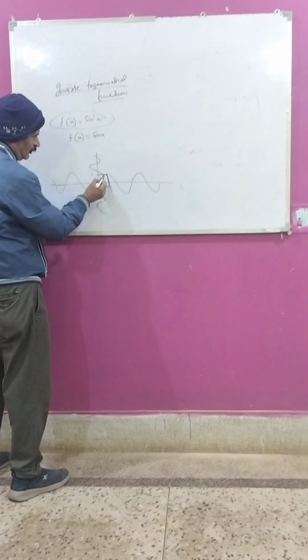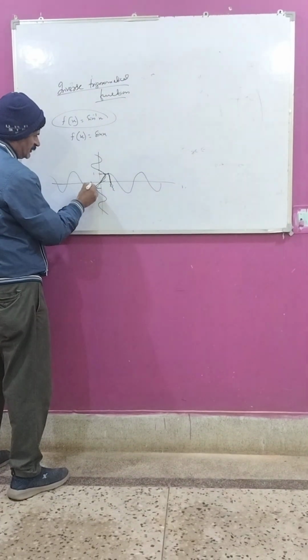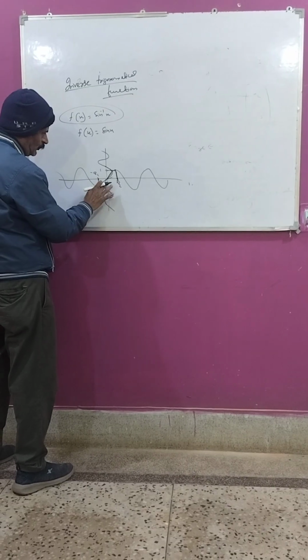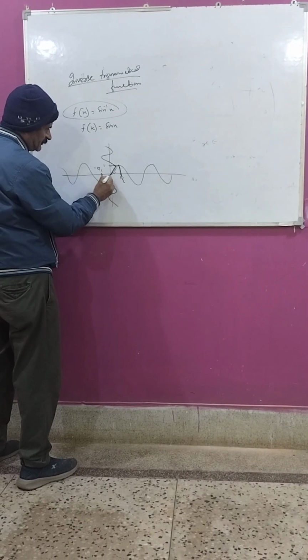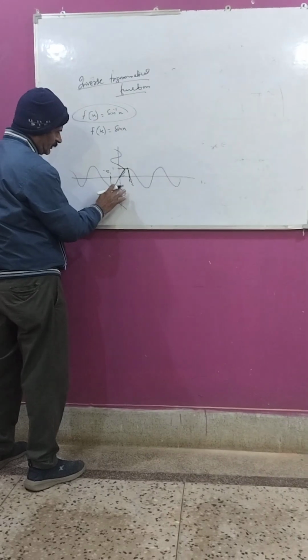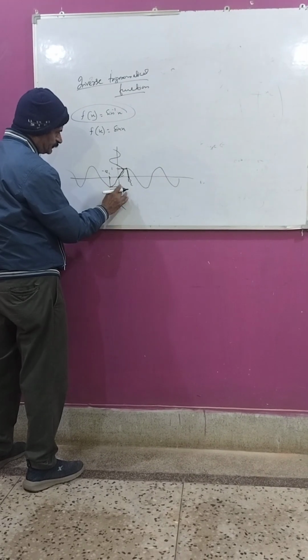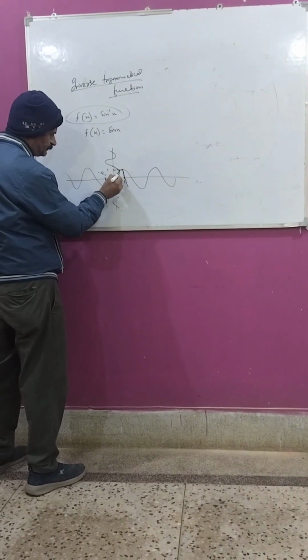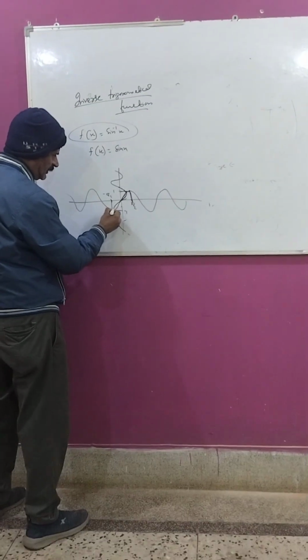And when x equals minus pi by 2, we are getting the value minus 1. Now when drawing the inverse function, it is like this one.